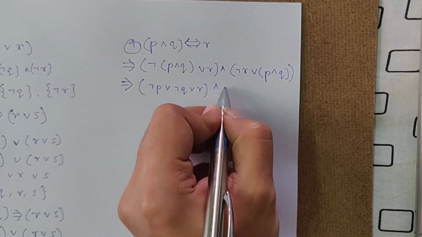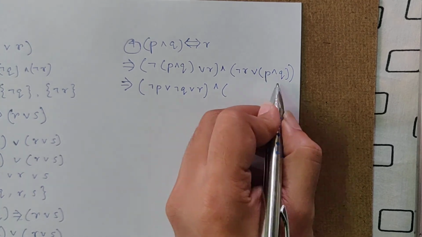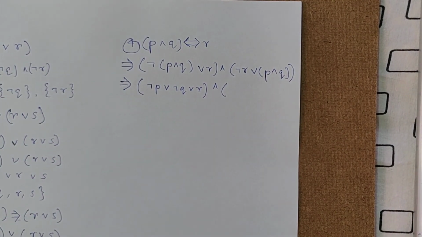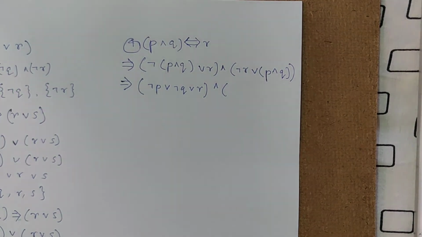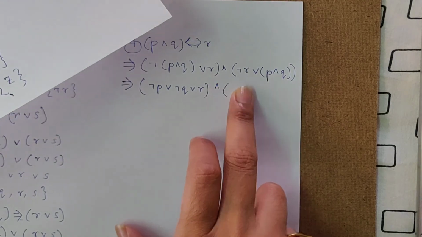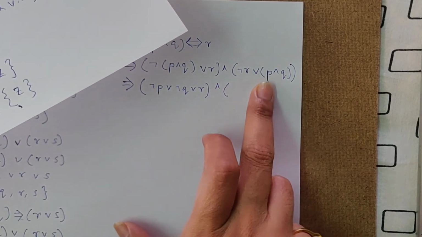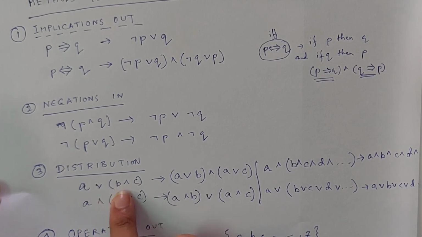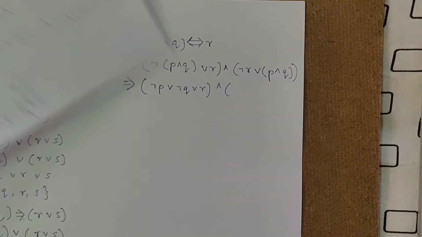What about the other part? Now I cannot just open the parenthesis here, I have to do a distribution. What is the distribution? See, I have not R or (P and Q), so it's A or (B and C), which is (A or B) and (A or C).